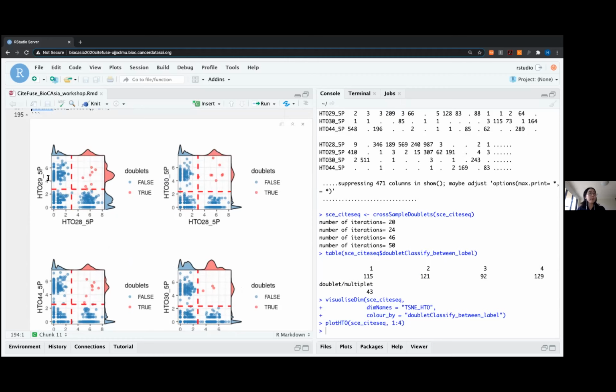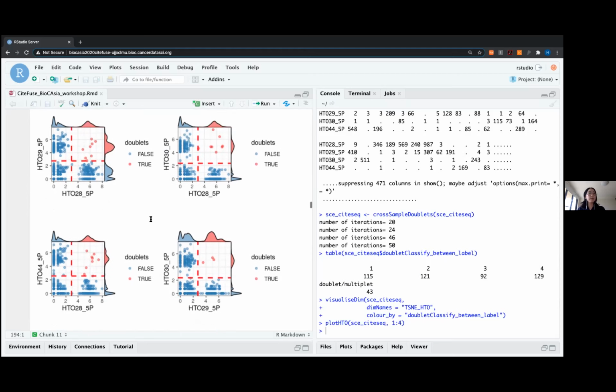And because these single cells here seem to express double the amount of HTO hashtags, it becomes really clear that these samples refer to doublets.